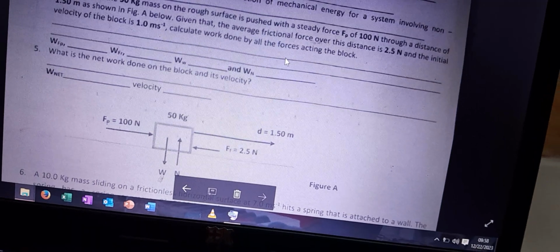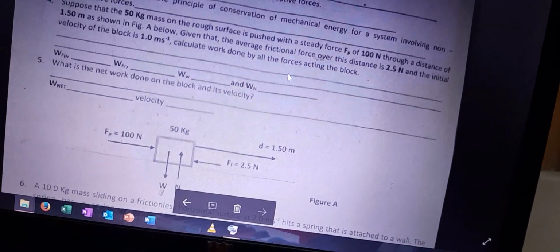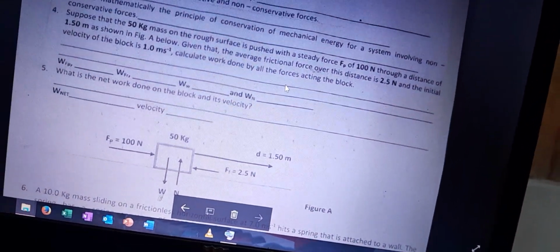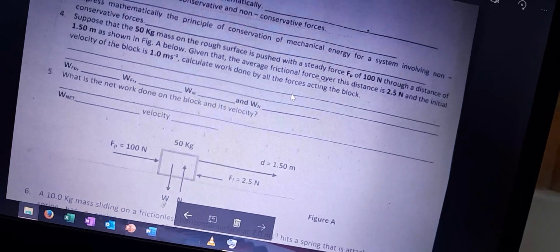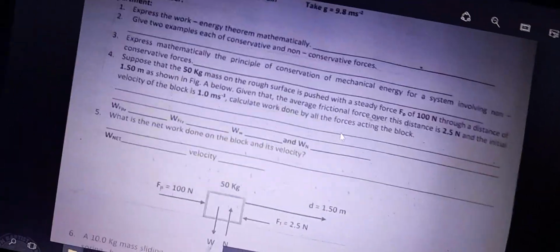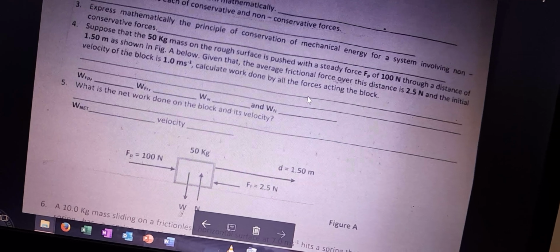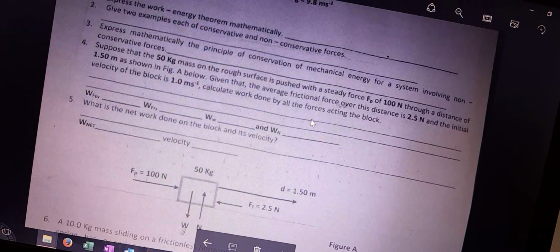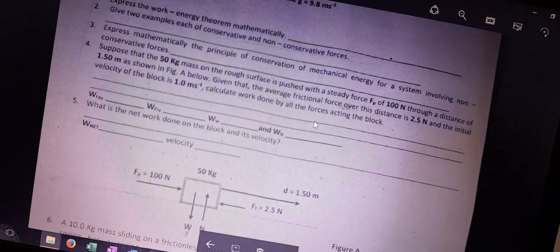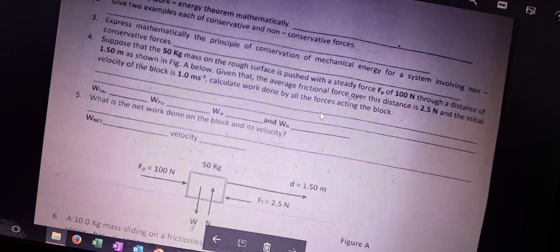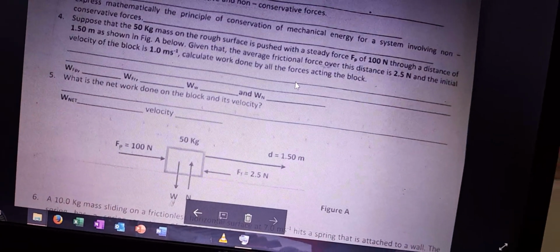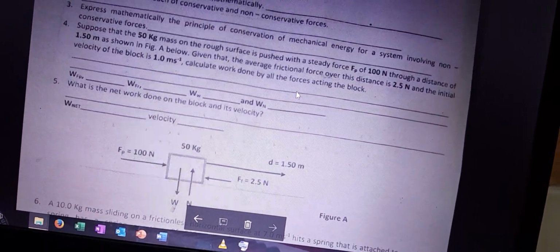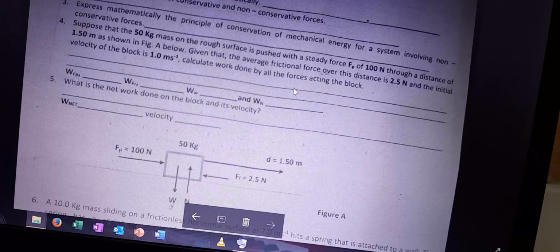Concerning energy conservation, in an enclosed system where only conservative forces are at play, mechanical energy, that's kinetic energy plus potential energy, is conserved. So the total energy remains constant over time. Whereas for non-conservative force, it's actually energy dissipation.